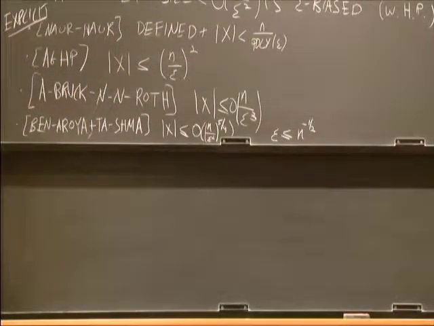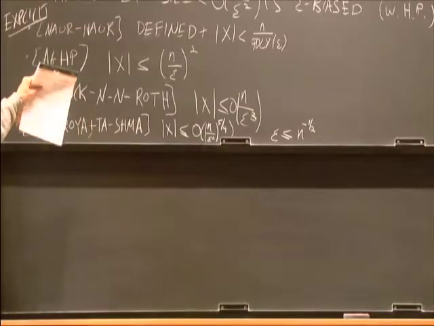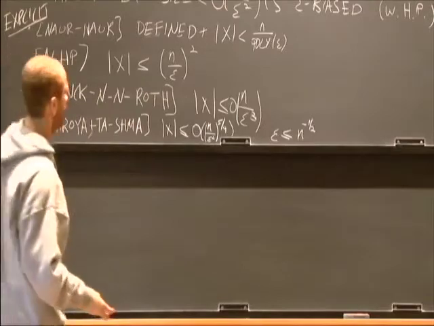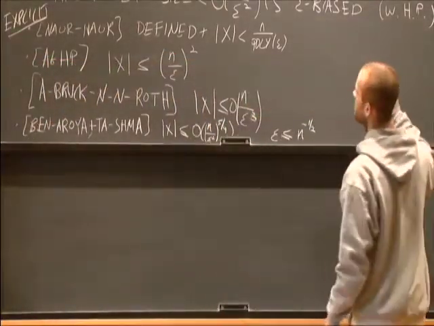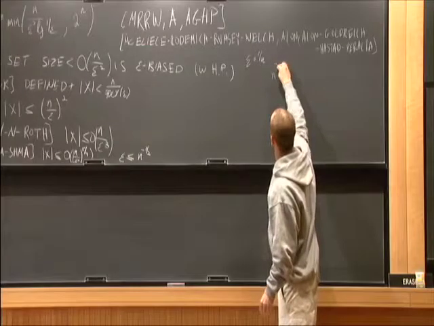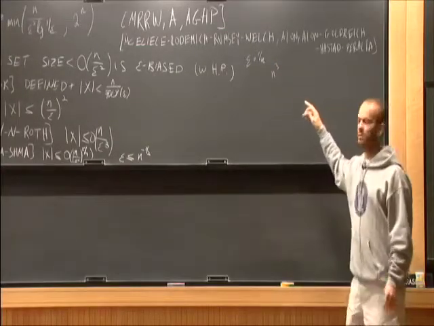These are the best constructions that we know today. I will try to make some drawing to explain these parameters. Just for example, let's see what happens when epsilon is 1 over n. The optimal construction is of size roughly n to the power of 3.